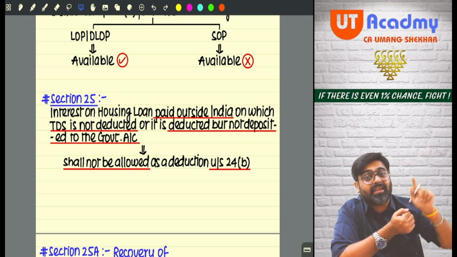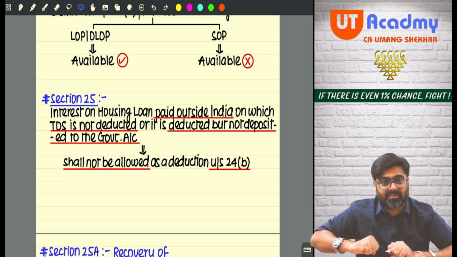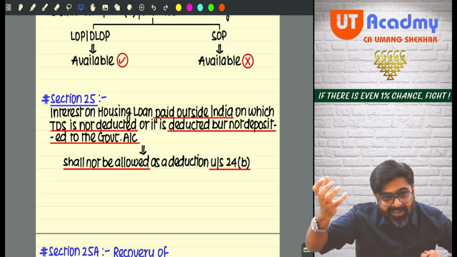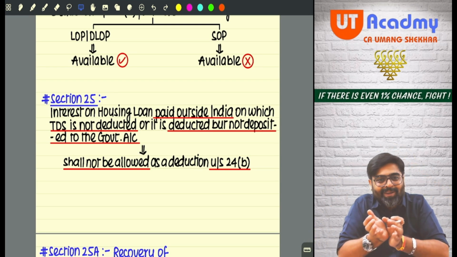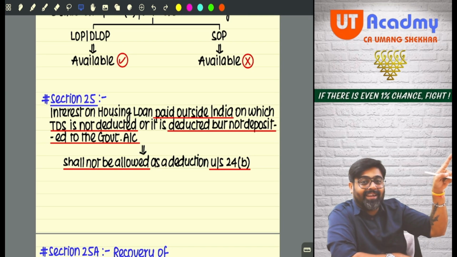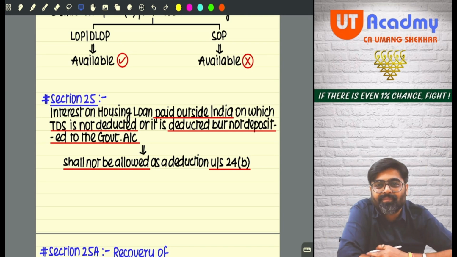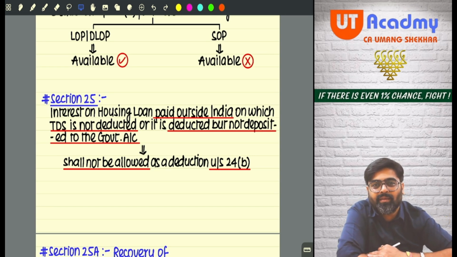That non-resident, that RNOR or any person is earning interest from a resident in India on a loan which he gave and which was used in India. Don't you think that the interest which he is earning is Indian income for him? Section 9, deemed to accrue or arise in India. On that, he is liable to pay tax in India.